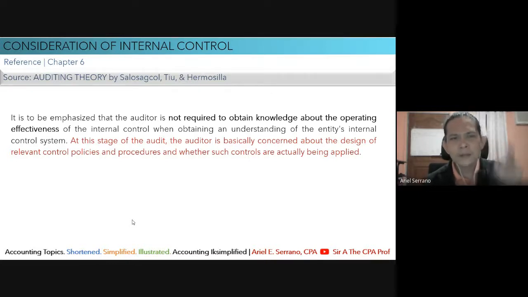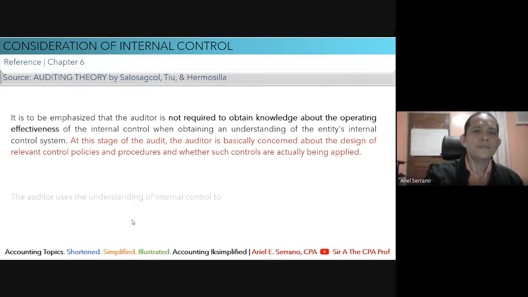At this point, yung step 1, understanding the entity's internal control. Ano yung trabaho ni auditor? Evaluate yung design, determine whether it is implemented. Required ba na i-test yung or magkaroon ng kaalaman sa operating effectiveness nito? Not yet. Hindi pa. Not required. Maaari pero hindi required.